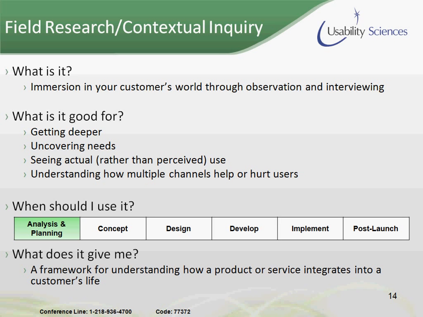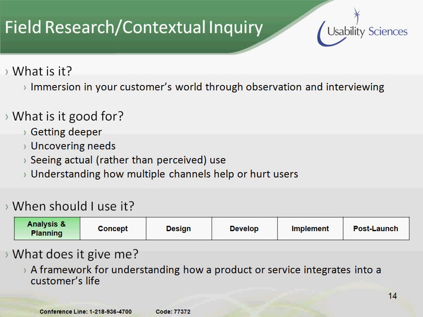The situation here is that you're going to go out into your customers' homes, businesses, wherever they use your product or wherever they might use your product, and you're going to be uncovering their needs by really seeing how they use it, what frustrations they have, how it integrates into their life in general.